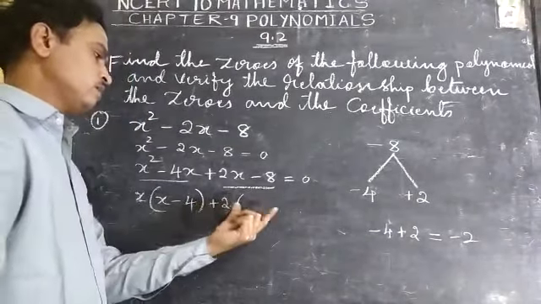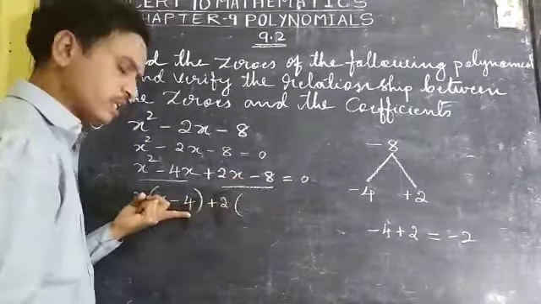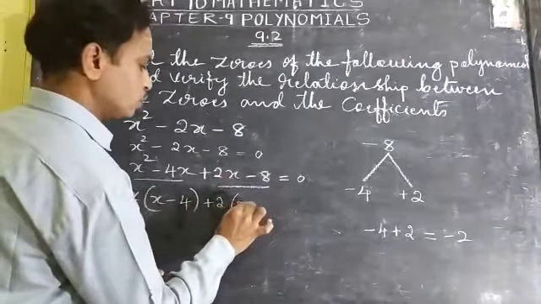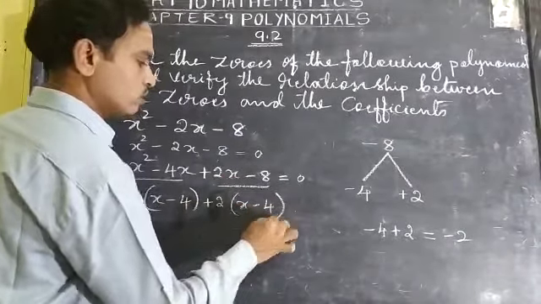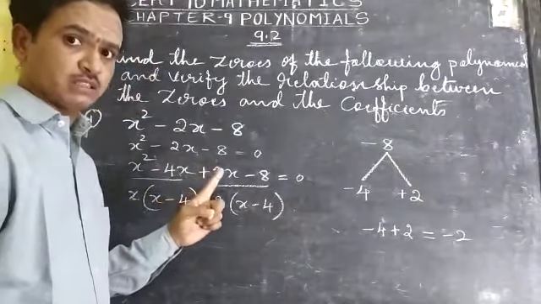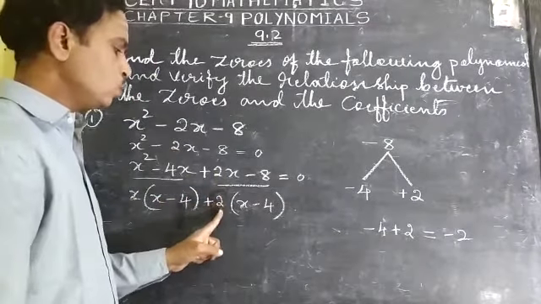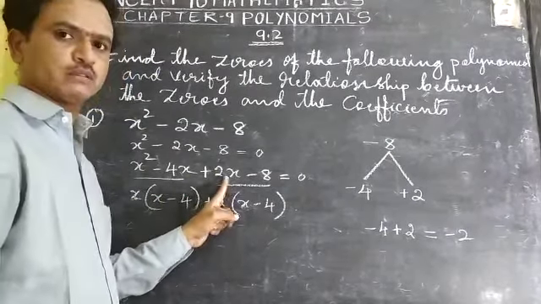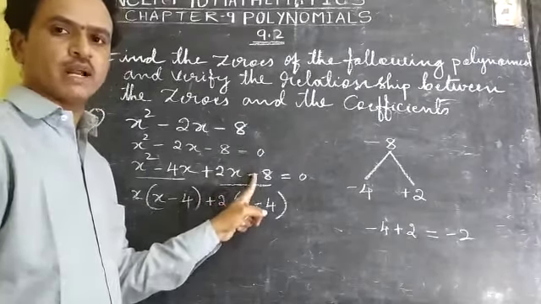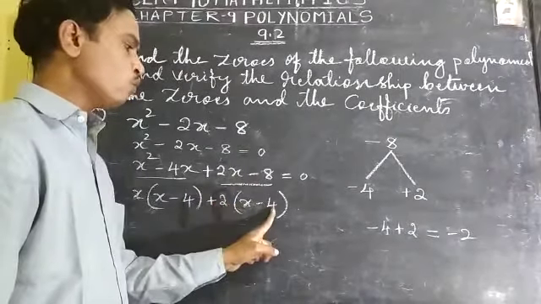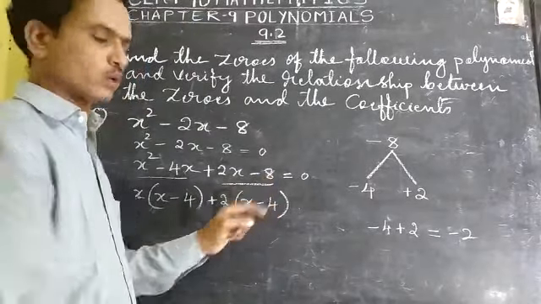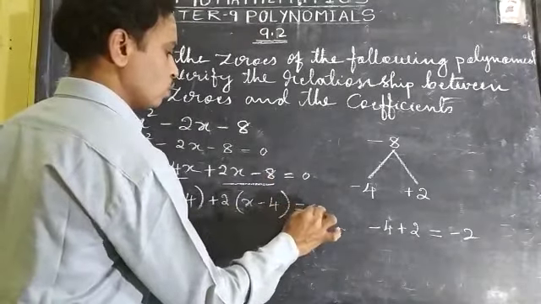Directly, no need to think. We got here x minus 4. But once you have to check it: 2 into x becomes 2x, plus into minus becomes minus, 2 4s are 8. Then is equal to 0.